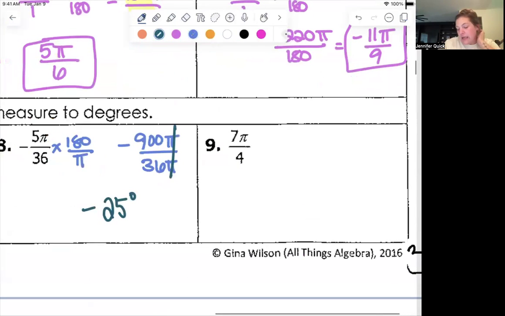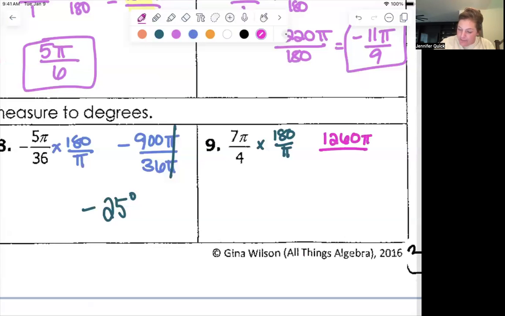All right, last but not least, times 180 over pi. 7 times 180 equals 1260. Pi over 4 pi. So again, the pi's go away, and 1260 divided by 4 is 315 degrees.